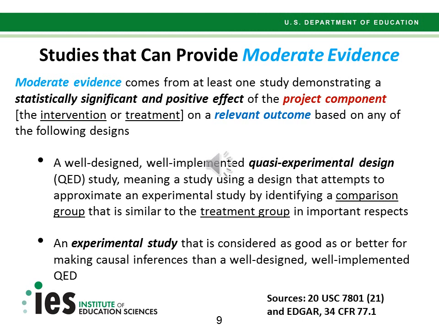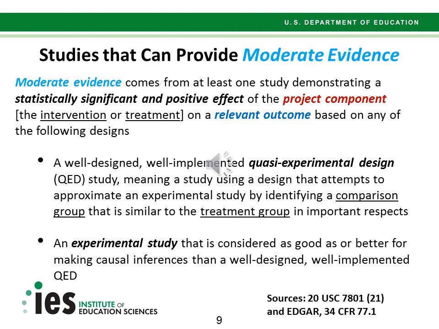or an experimental study that is considered as good as or better for making causal inferences than a well-designed, well-implemented QED. A QED study is a study using a design that attempts to approximate an experimental study by identifying a comparison group that is similar to the treatment group in important respects.